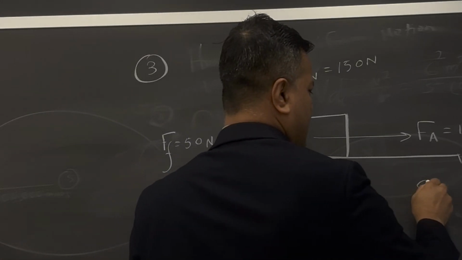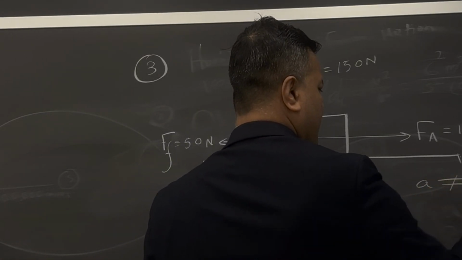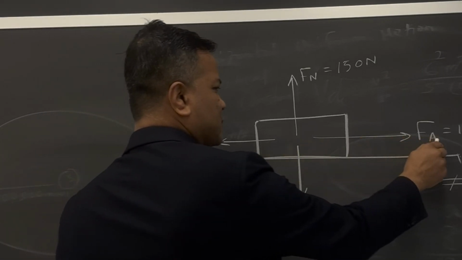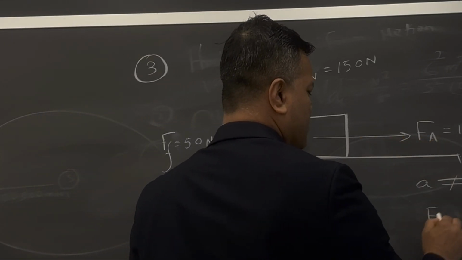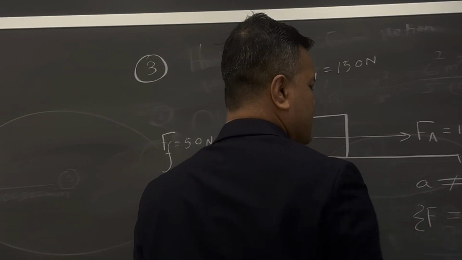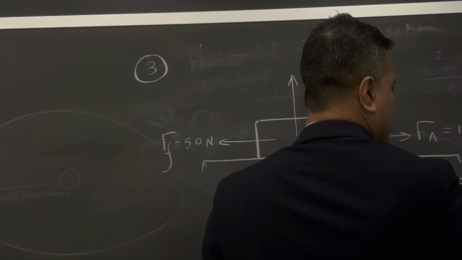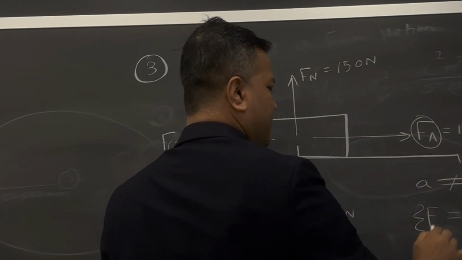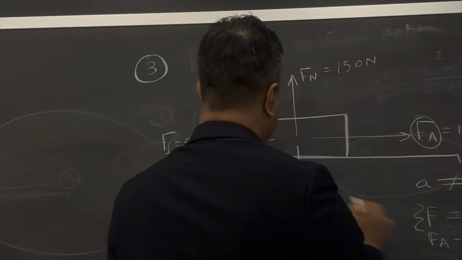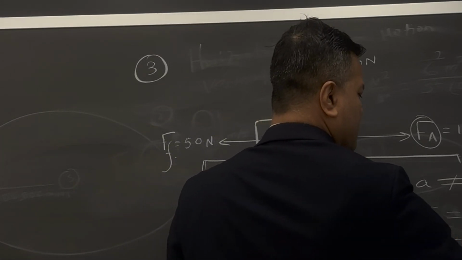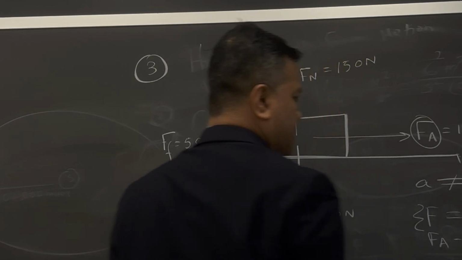Why is that? Because acceleration is not zero. Why is the acceleration not zero? Because there is a net force to the right. How much net force to the right? Net force is equal to ma. So Fa minus Ff is equal to the net force to the right in the x direction.